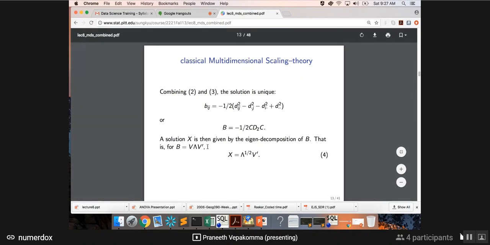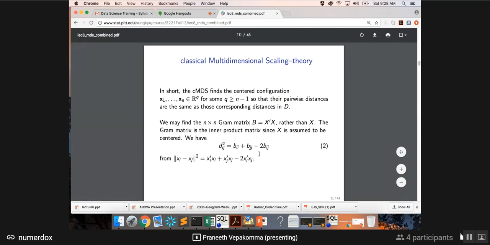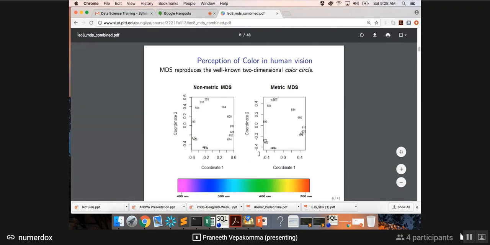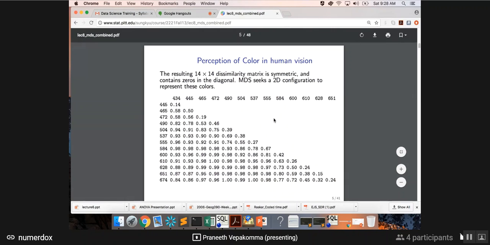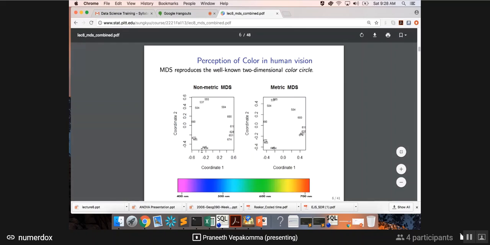So the theorem is, if you compute the Eigen decomposition and then you compute V lambda to the power half, or lambda to the power half times V, then you will get the points that will actually satisfy the distances. It is a theorem actually. So basically, if you have distances, you want the points that you can plot in 2D or 3D.